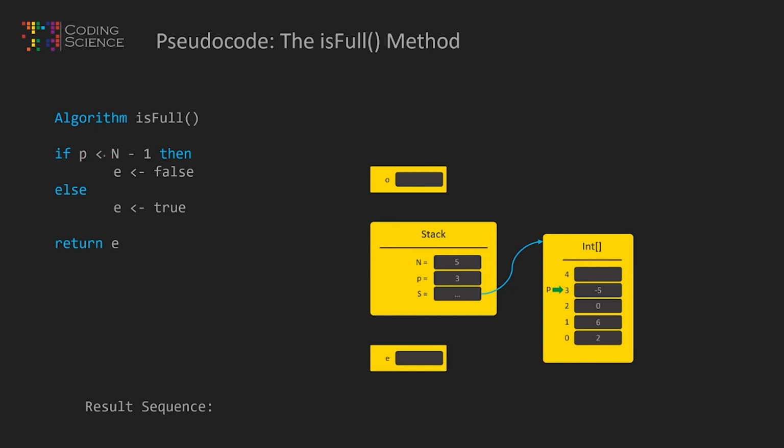So if p is inferior to n-1, n is the number of elements, but we want to know if it's inferior to the maximum index, to the highest index in the stack, and the highest index is always n-1, because like we talked earlier, we start in 0 and we add 5 elements.